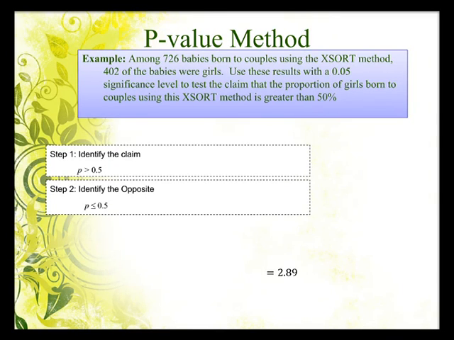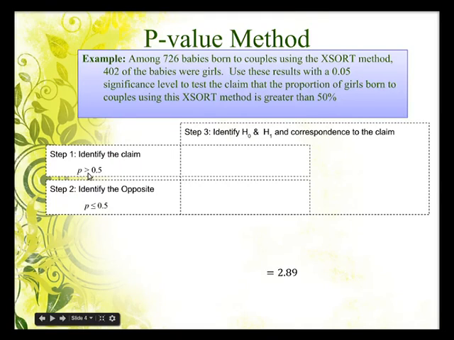Now the third thing to do is identify the null hypothesis and the alternative hypothesis, and then decide which one corresponds to the claim and which one corresponds to the opposite. Remember, the null hypothesis is always the one that has an equals in it. The opposite is the one that has the equal sign in it, so the null hypothesis goes along with the opposite.